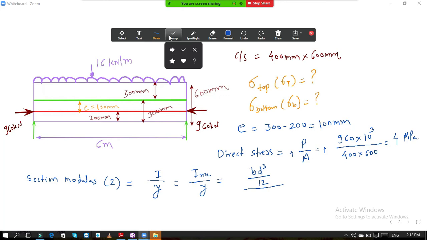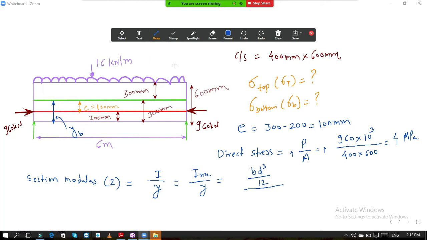So on either side. Okay. So y, this is the distance. This is your neutral axis. So from this neutral axis up to this point, this is the extreme fiber. This distance is y. You can call this yb, distance of bottommost fiber.